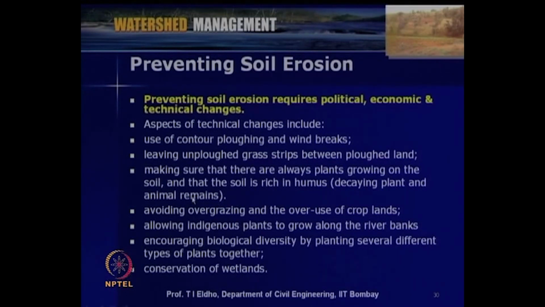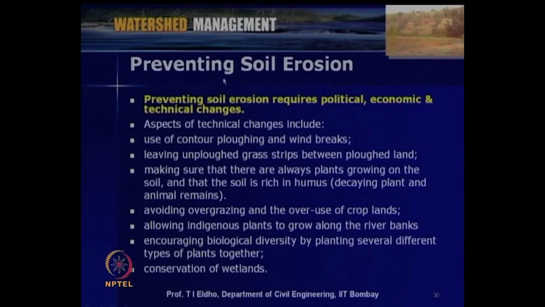Then avoiding overgrazing and overuse of crop lands, then allowing indigenous plants to grow along the river banks, so that soil erosion will be reduced, and encouraging biological diversity by planting several different types of plants together. The advantage is that plants are growing at different levels, so that the effect of water erosion will be reduced, and then conservation of wetlands.